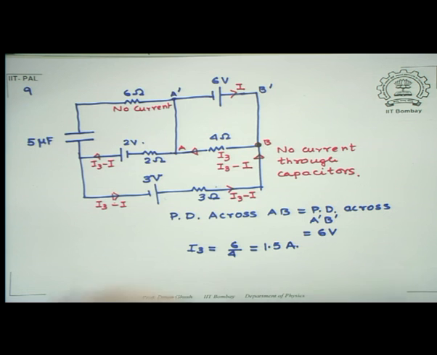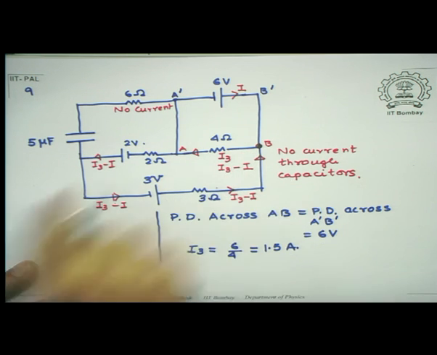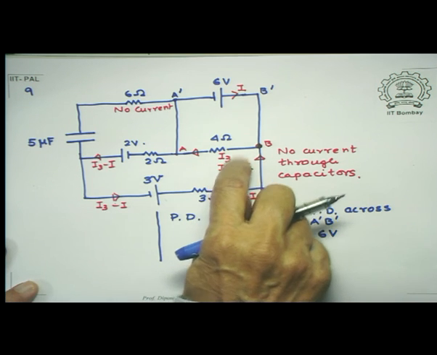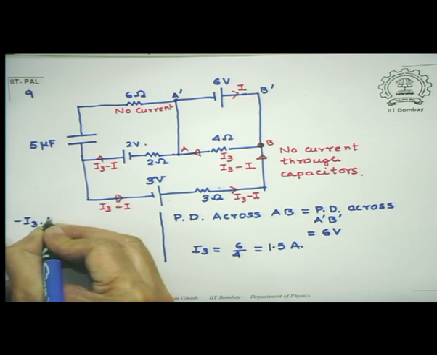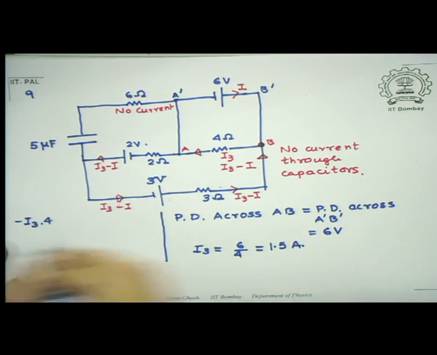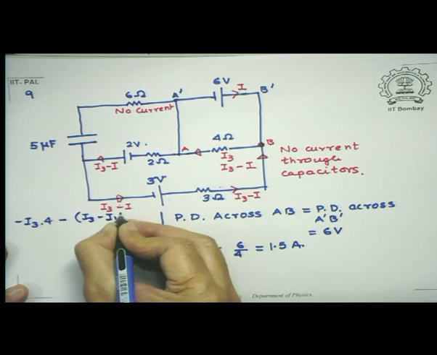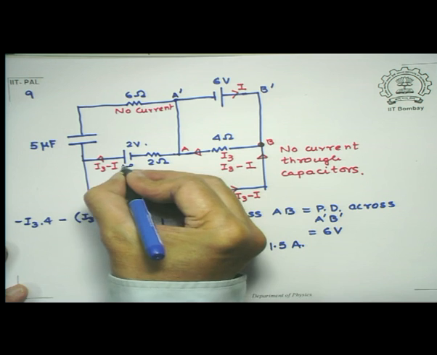Now what I do is this. I look at this loop. In this loop, let's do my Kirchhoff's law. So I have got minus I3 into 4. Remember, I3 is already known. This current here is I3 minus I1. So therefore, minus (I3 minus I1) into 2, plus 2, because I am going like this.